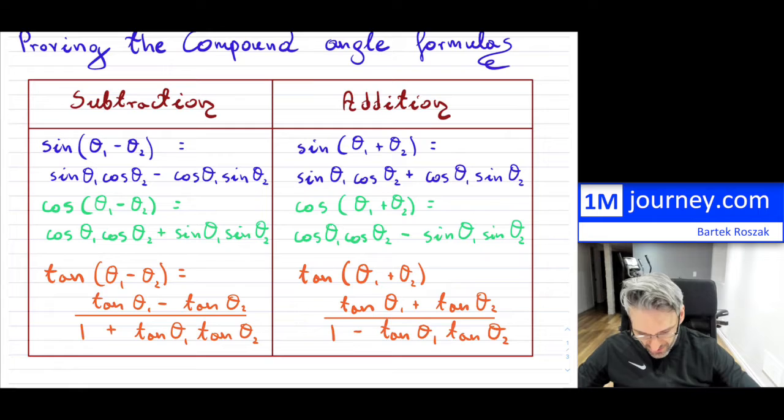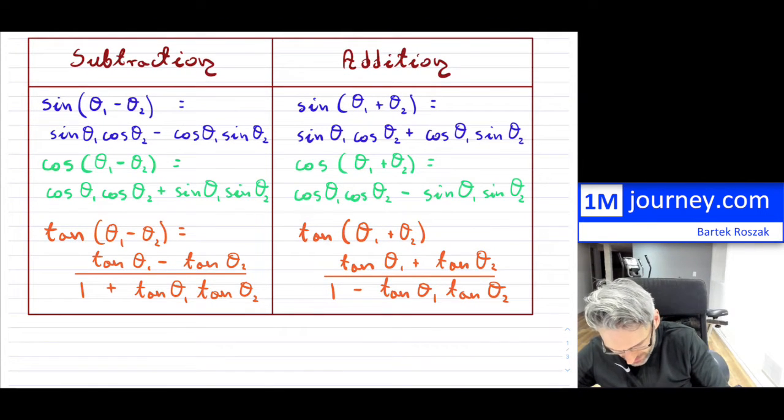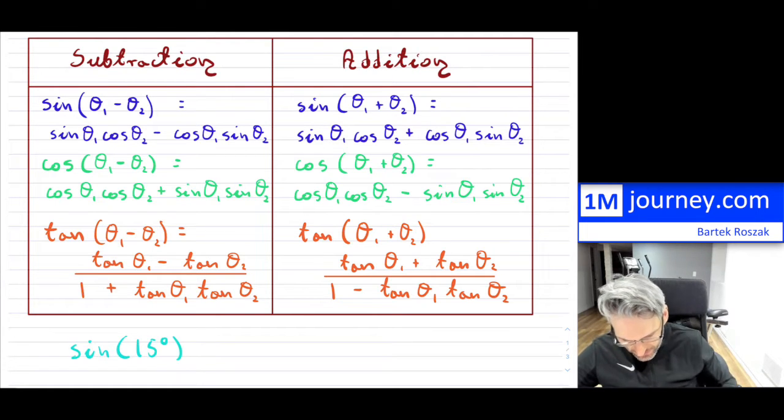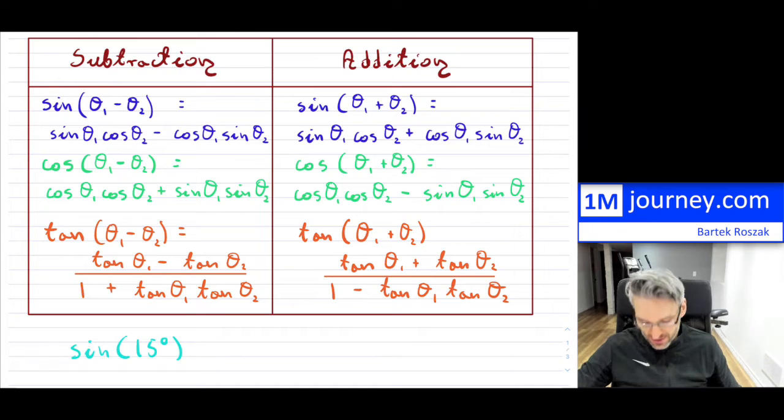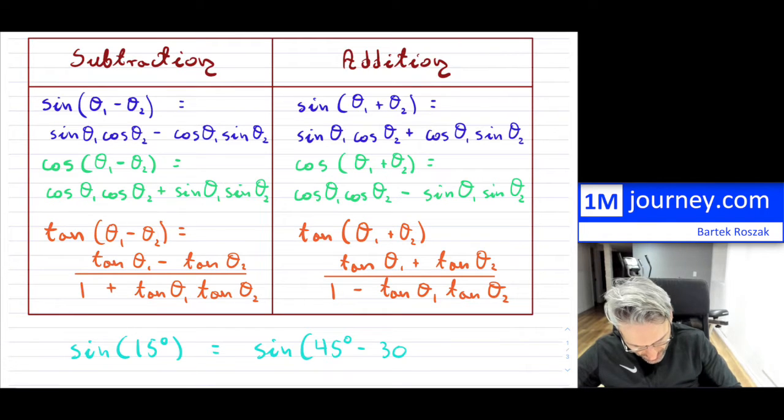It doesn't pop out at us right away. But before I start proving this, I just want to show you, for instance, if someone asked you to find the sine of 15 degrees, or cosine or tangent, you can break it down and say that 15 degrees is the same thing as 45 degrees minus 30 degrees, right?